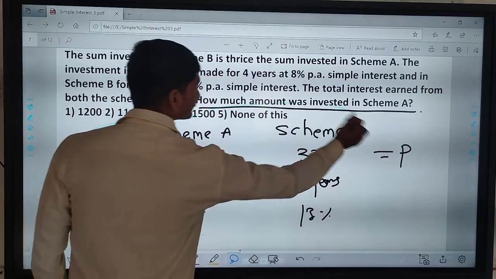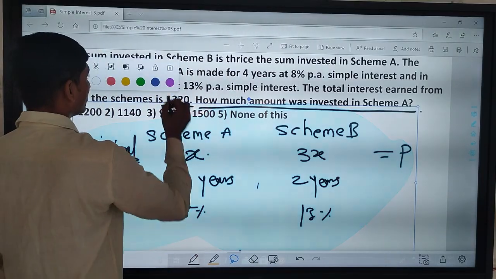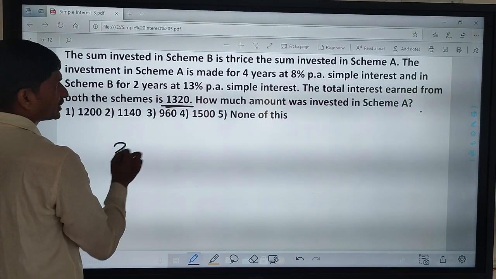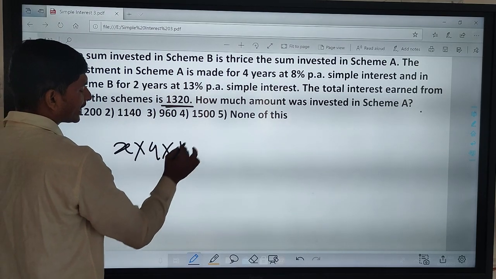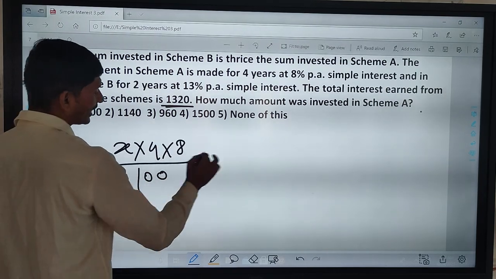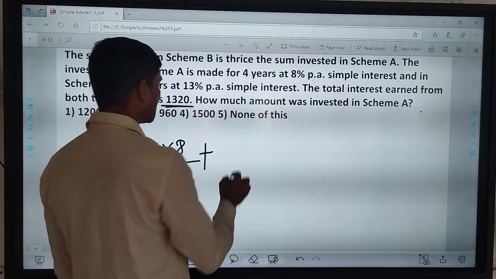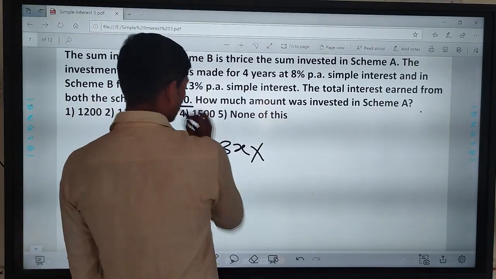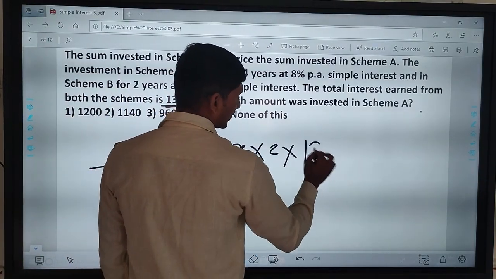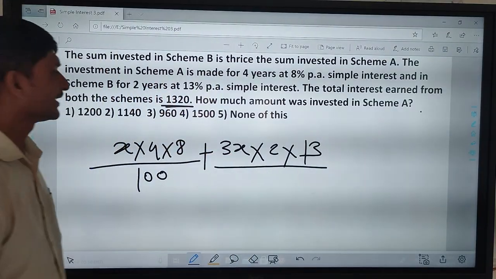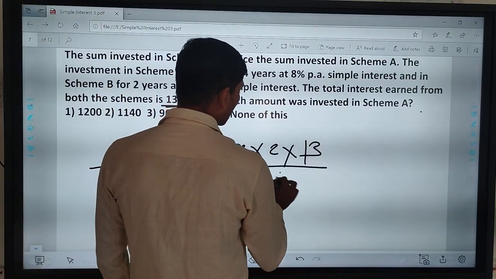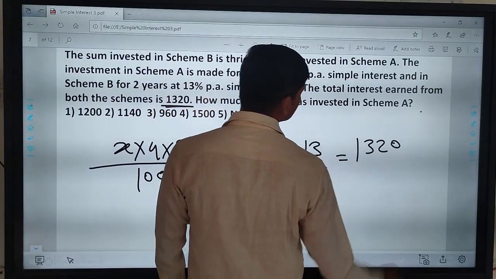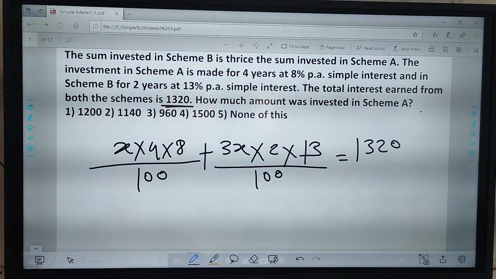Now here we write A's investment is x for 4 years at 8% divided by 100, plus B's investment is 3 times A's investment, 3x, for 2 years and the interest rate is 13%. We take the addition of these two interests, which is 1320.